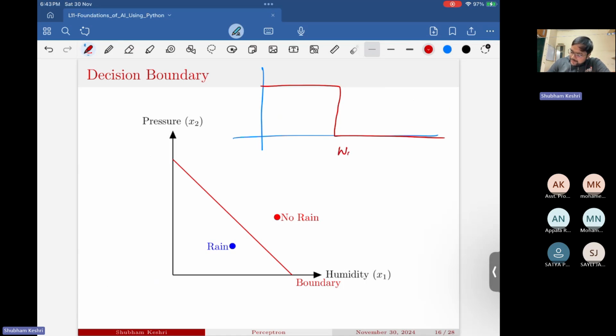So the input is w0 plus w1 x1 plus w2 x2. You see, when you have these values w0, w1, w2, x1, x2, this will evaluate to one value. It will be one value. It can be anything, 1, 2, 3, 1.5, not an integer, a real value. So when you evaluate this, it will give you one value.